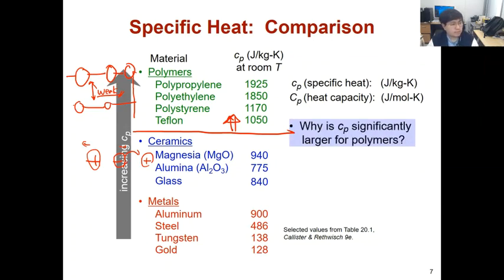So please think about why polymer shows a higher heat capacity than the ceramic and metal systems. It is all affected by the bonding difference.